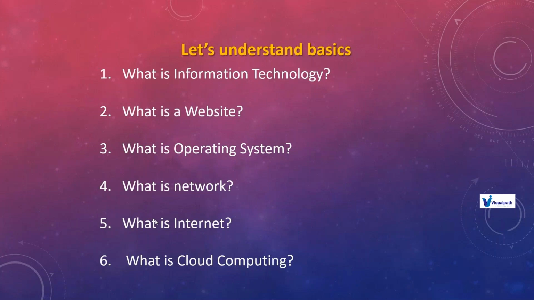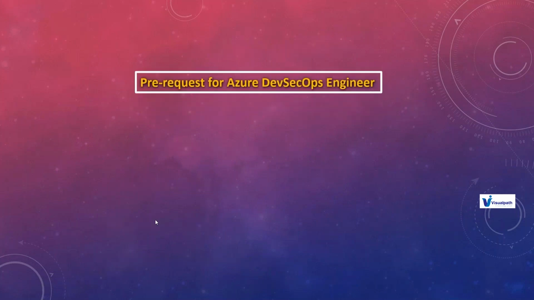Now let's see what is the course that we are going to learn and what is the syllabus. As part of Azure DevSecOps, first we need to complete our prerequisites. Whether you are a developer, a tester, an operations team, a DevOps team, a DevSecOps team, whatever it is, I'm coming from a different role, but we need to know how to use an operating system.